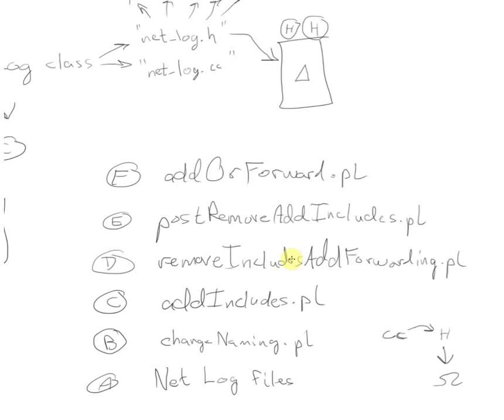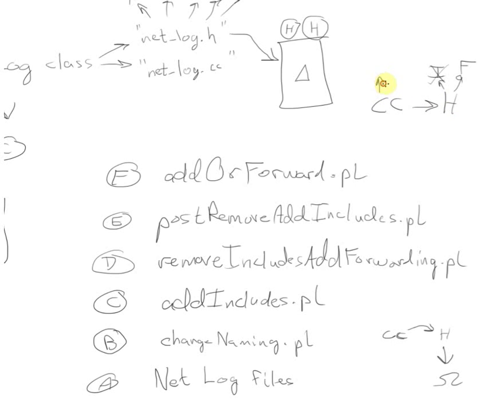If we're removing includes, then that means we might have to be adding includes in other places. The basic idea there was, if you're in your HCC basic pair and you removed an include from a header file and added a forward declaration, well, the CC no longer has the include that it had by way of including the H, right?